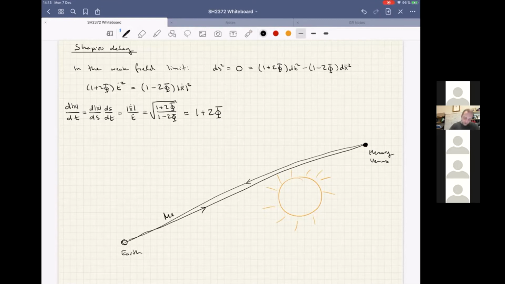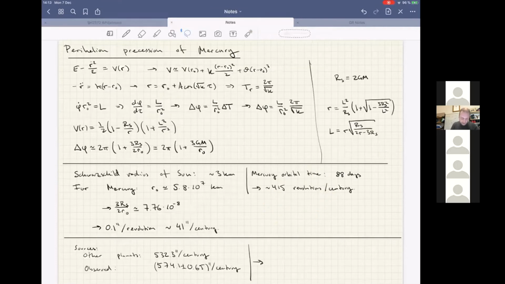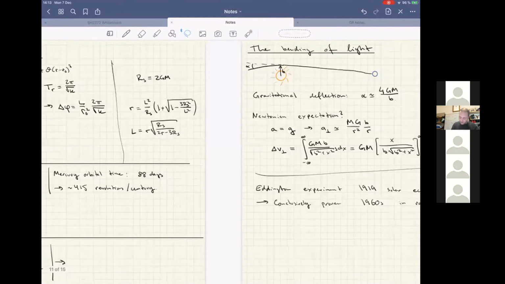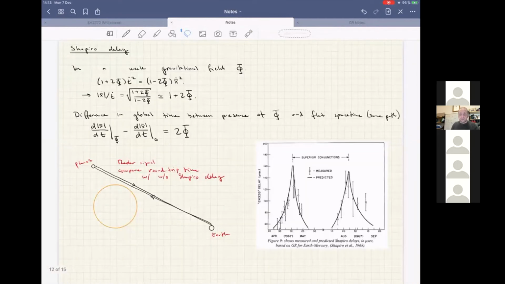So you know what this time would be if it was not for the Shapiro delay, and you can compare with that. Yeah, so this is essentially the setup.